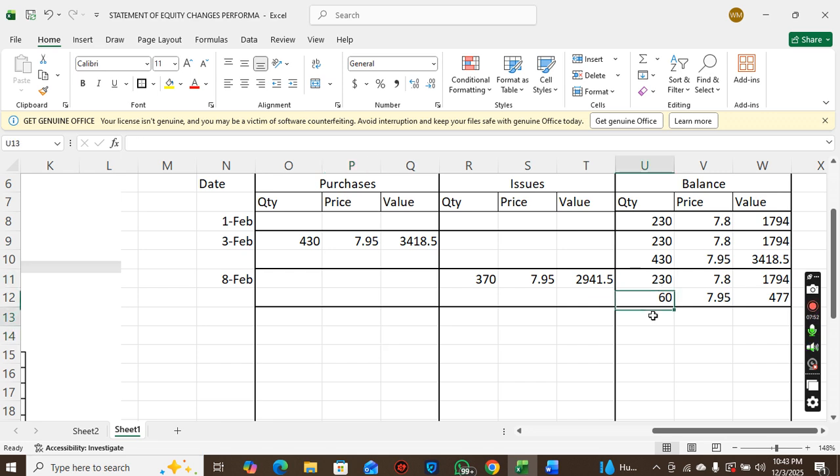When you are reducing the quantities, you went to 370. Yes, we removed these 370 units from these 430 units. That's why we remained with 60 here. So my question is, why are we not reducing from the balance column? That's why I got it mixed up.